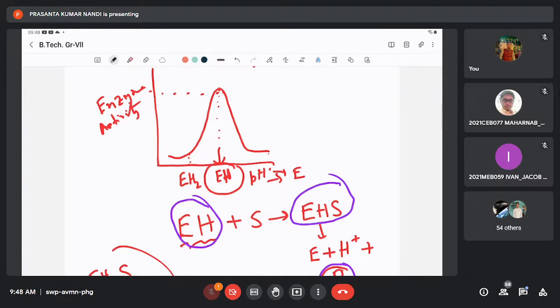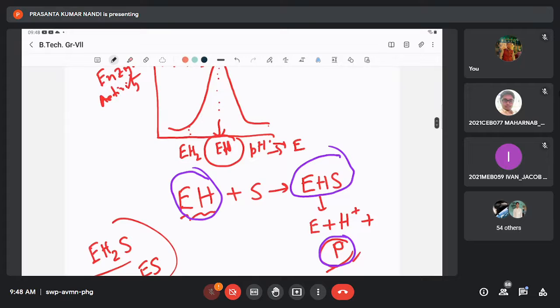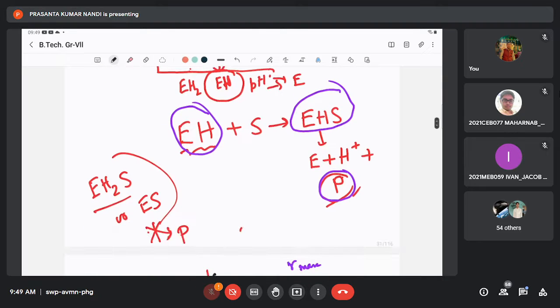That is, EH and S will form EHS, and then it will subsequently become product. So in this case, this is the enzyme catalytic reaction. These other intermediate species will not produce the desired product, right?